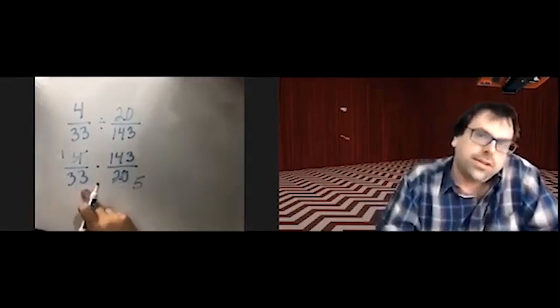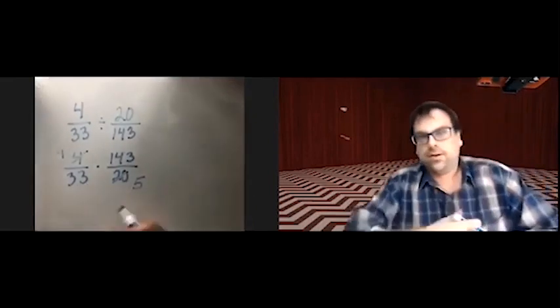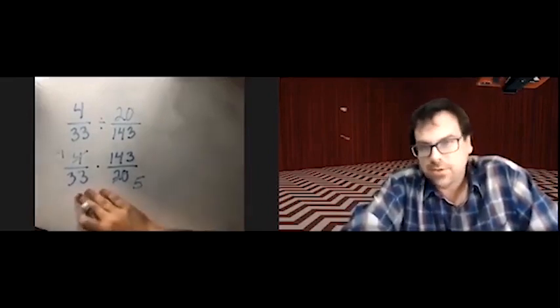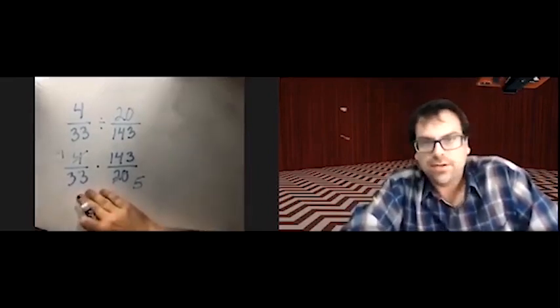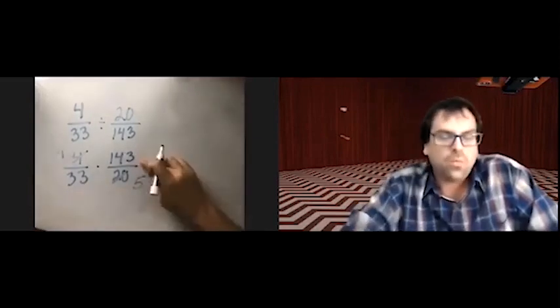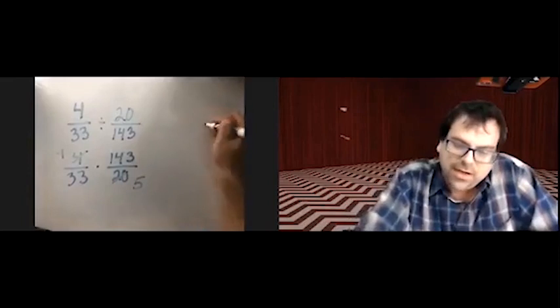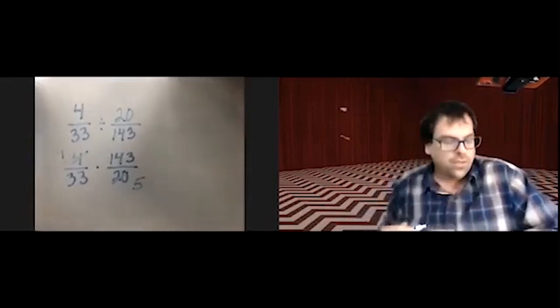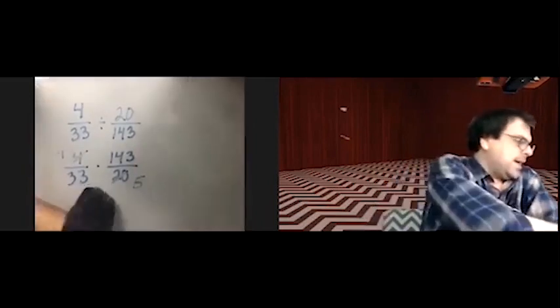But 33, what's the other obvious thing it's divisible by besides 3? 3 times what is 33? 11. 143 is actually 13 times 11.